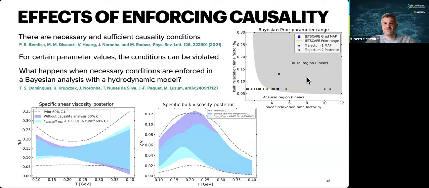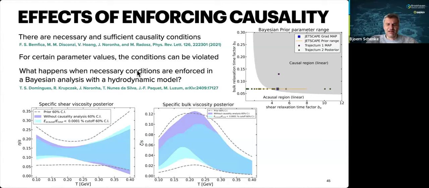And then they also plotted where some values of previous Bayesian analyses lie. Many of them lie in the causal region, but when you sample from a posterior in one of those fits, you find a lot of points that are actually in the acausal region. So now what happens if you do a Bayesian analysis, but enforce your system to be in the causal region?